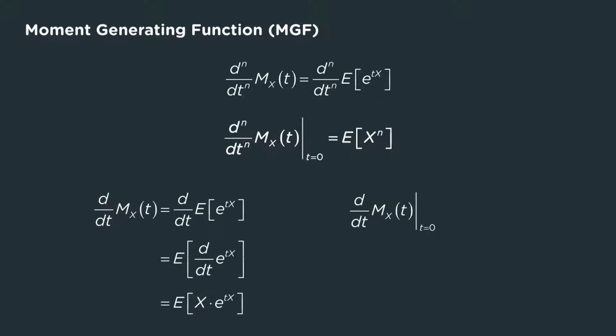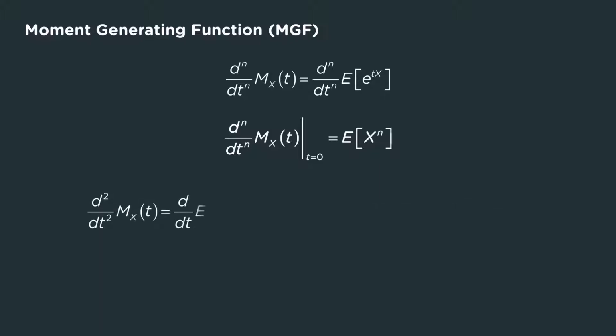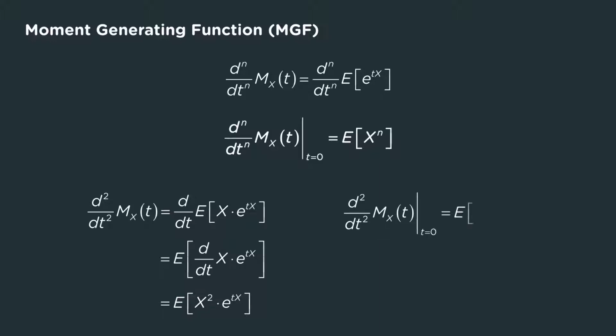What happens when t equals 0? E to the 0 equals 1, and the result is x's expected value. If we differentiate again, the result is x squared times e to the t times x. Set t equals 0, and there is x's second moment.